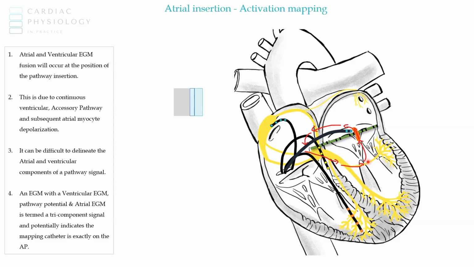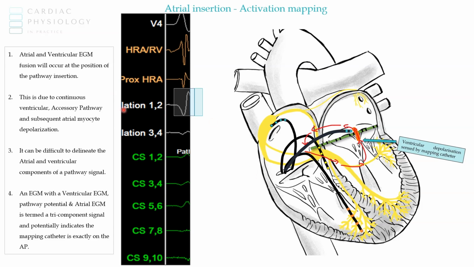At this level on our ablation catheter, we may sense ventricular depolarization, because ventricular depolarization here is in close proximity to where our mapping or ablation catheter is. So on the ablation catheter, we will see this ventricular electrogram occurring here.